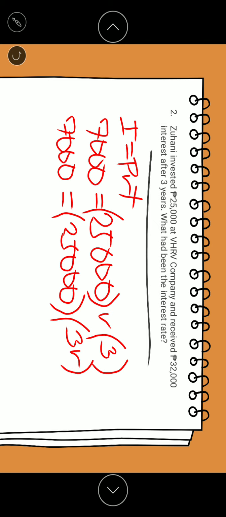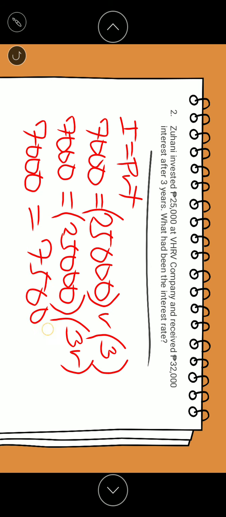Next, we copy again the 7,000 equals, then 25,000 multiply by 3R. So we get 75,000 R. Or the interest rate.